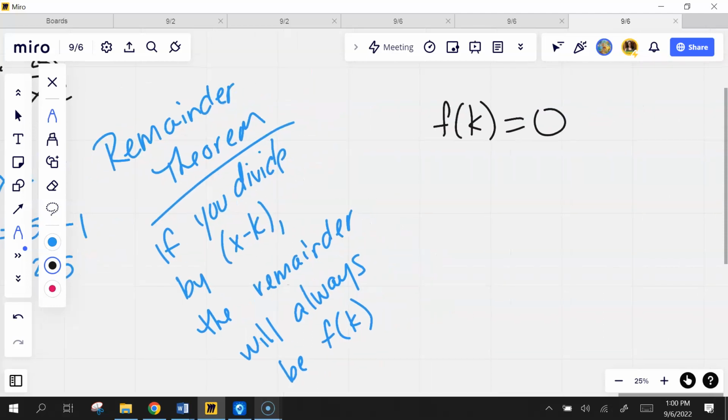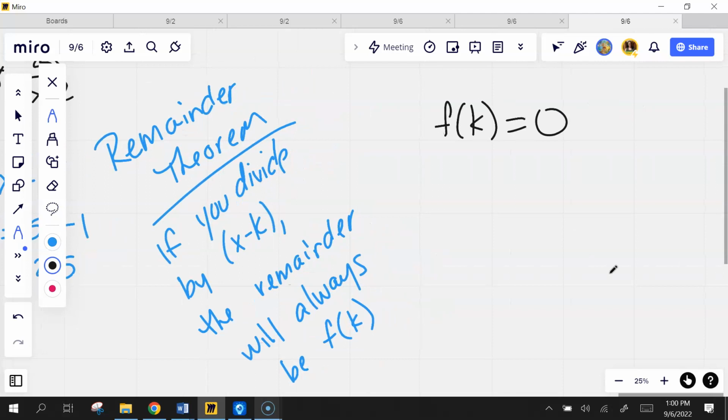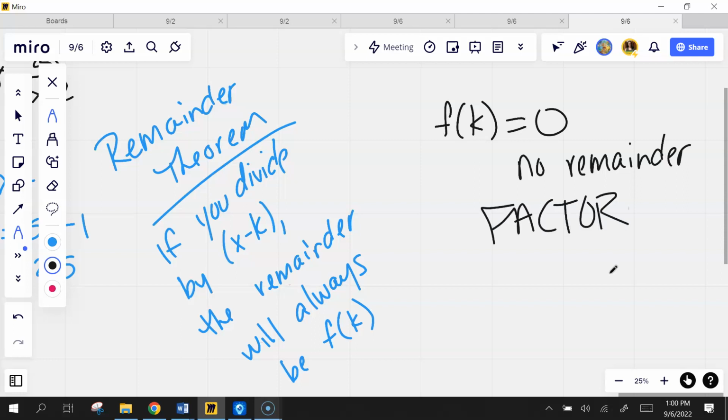If I plug it in and I get 0, that means I have no remainder. And if I have no remainder, then what have I actually found? Somebody said it. A factor. And a factor is very important because that is how I am going to get my polynomial factored down completely.